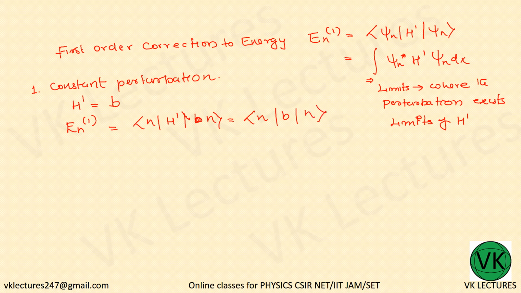Since b is constant, we can write this equal to b into n. Now this n is nothing but 1, because n is nothing but integral psi n star psi n dx. This is nothing but the total probability equal to 1.